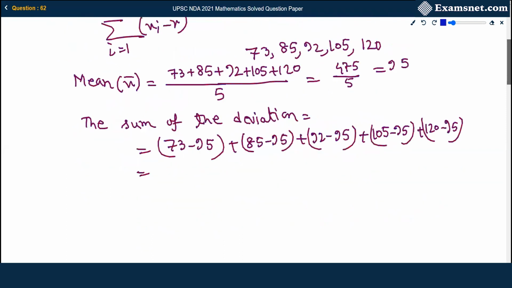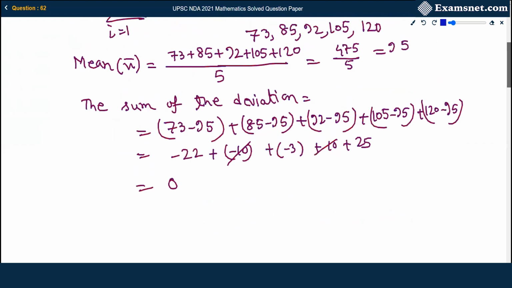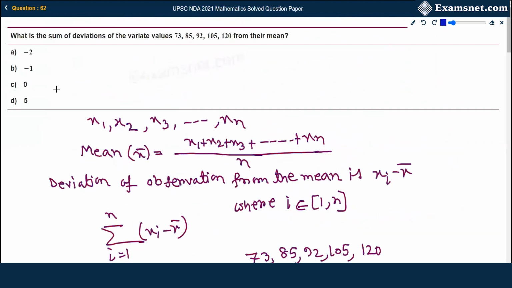Now write all those values. Plus 25. So yes, the 3 plus 3 minus 3, it will get 0. So the answer for this question is option C, that is 0.